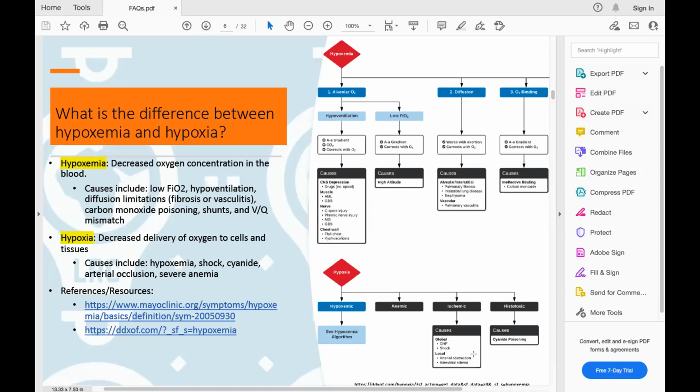Those are some examples, and issues at the level of cell oxygenation. A good example is cyanide poisoning. So I think that's a good summary. We can go back to the main slide.